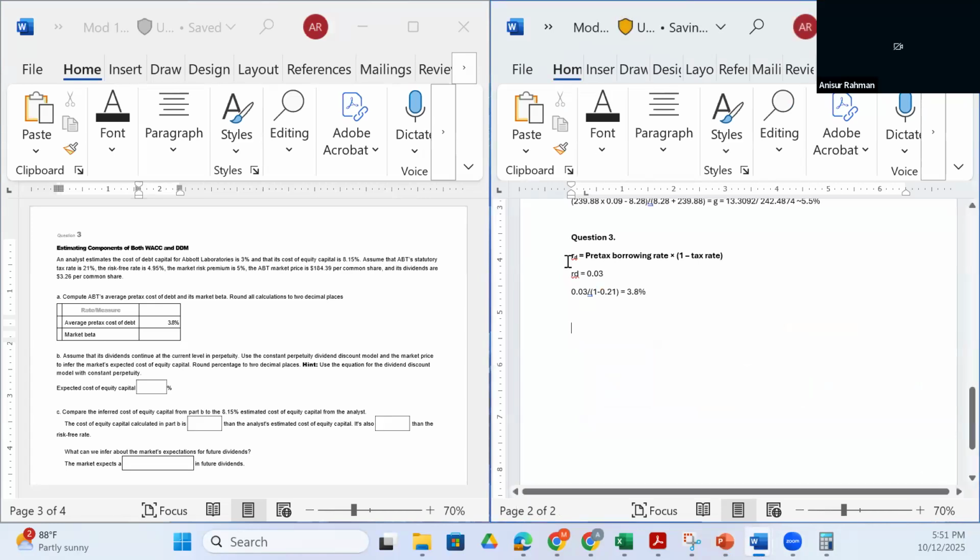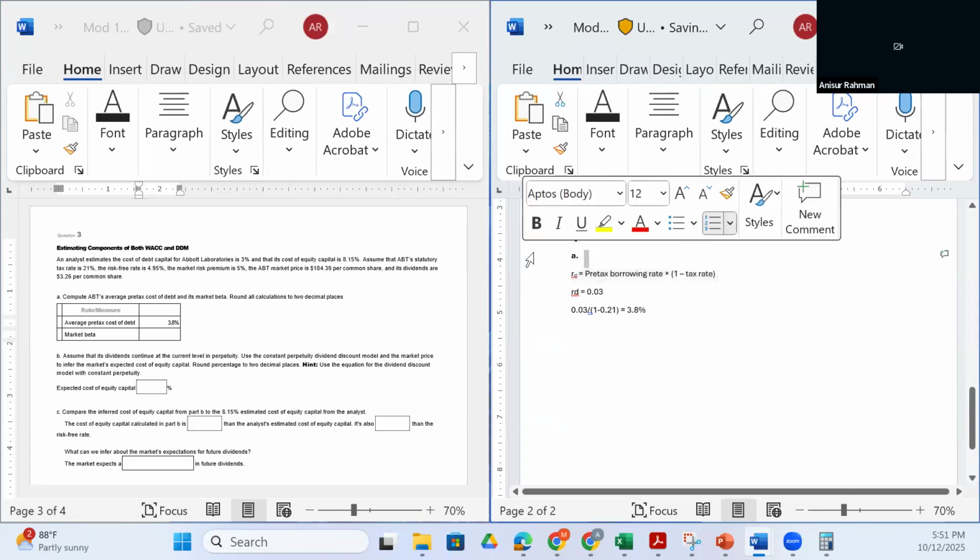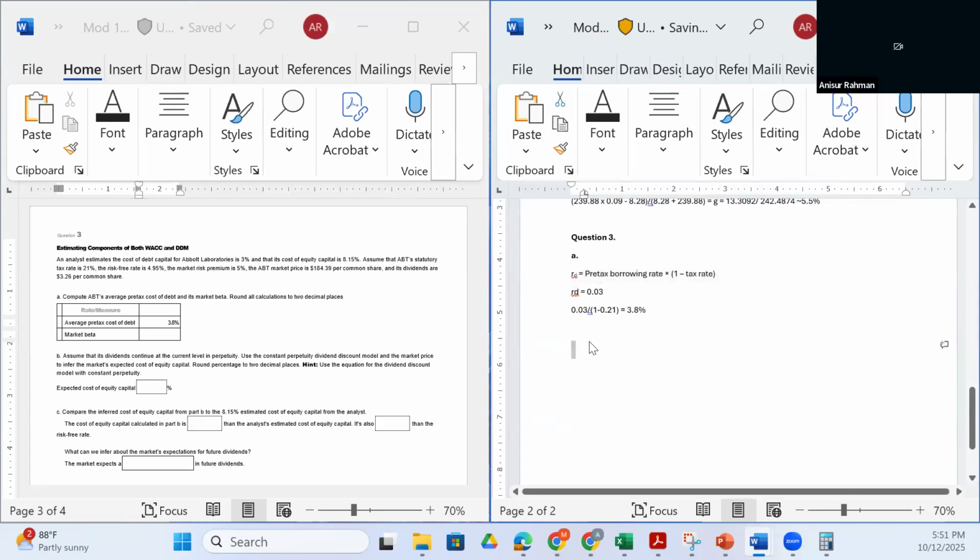Question 3, that was our part A. For part B, we have this formula. We have to isolate beta.